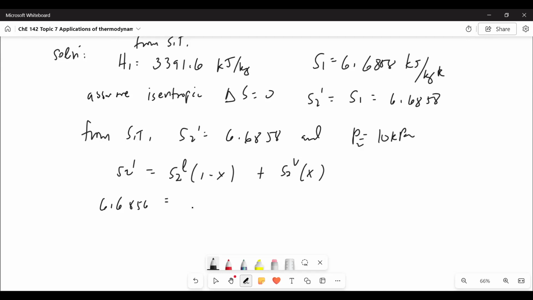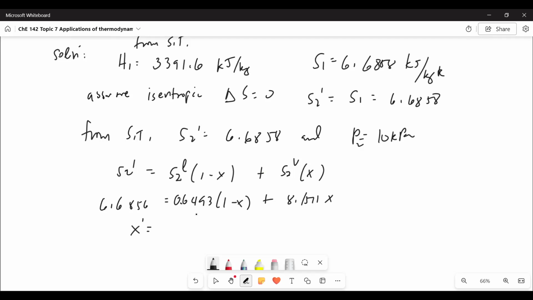S2L is 0.6493. S2V is 8.1511 times x. Solving for x.